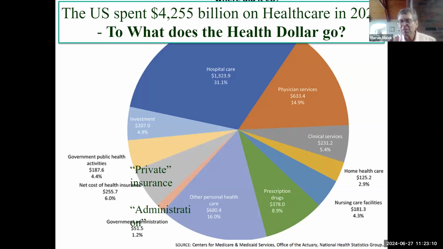The study was out of the University of Toronto, but all of Canada has fewer billing clerks than the big hospital in North Carolina, whose name I'm blanking on, but the largest tertiary care center in North Carolina, has more billing clerks than all of Canada. Now, it's a large hospital, but still, it's quite remarkable.